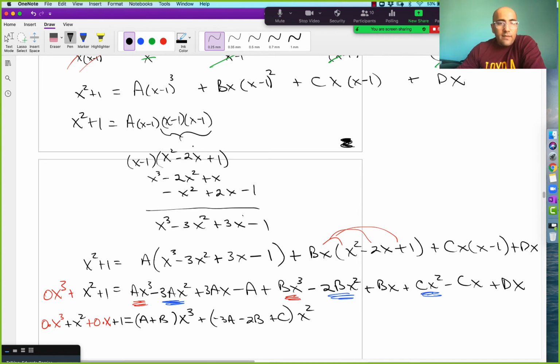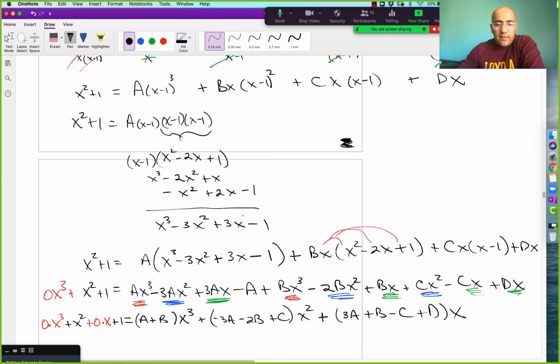Good. Okay. And then I'll look at all the ones that have a power of x. So that one has a power of x. That one has a power of x. That one has a power of x. That one has a power of x. So it'll be plus, and I'll end up with parentheses 3a plus b minus c plus d times x.